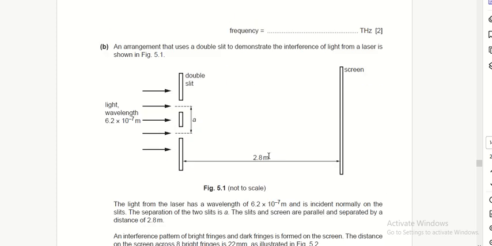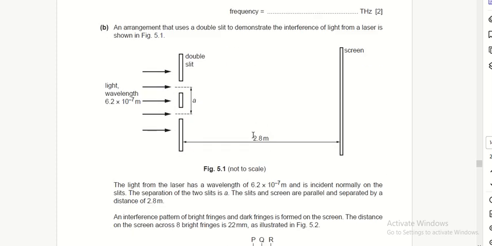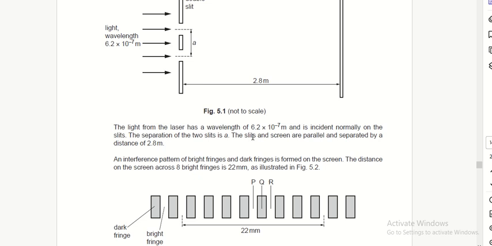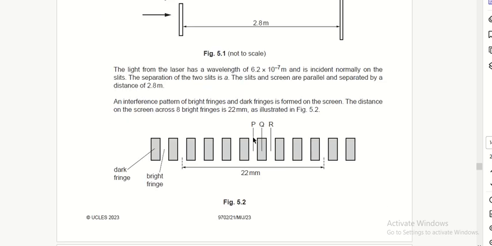Here is an arrangement for interference. We have the wavelength of light, we also have slits and a screen separated by a distance, and we have the distance across 8 bright fringes.